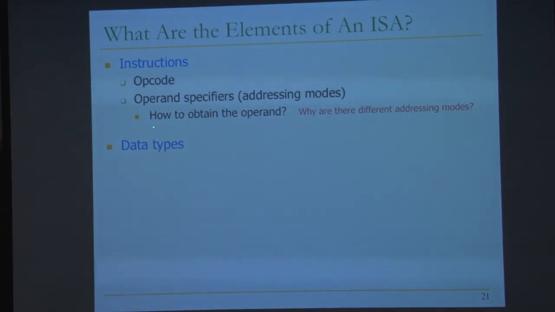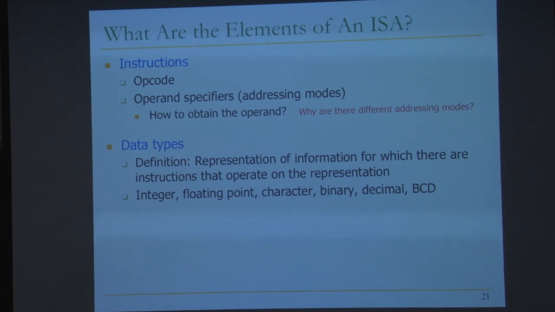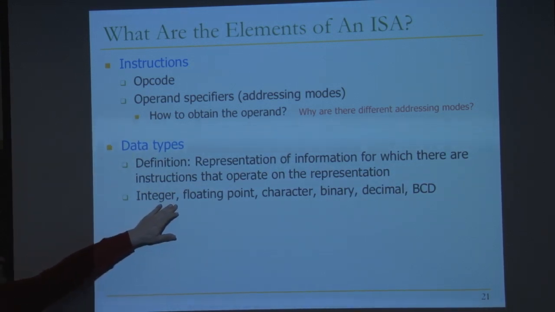Data types, let me cover data types first. You probably covered this in 213, but a data type is a representation of information for which there are operate instructions that operate on that representation. For example, integer, floating point, character, binary, decimal, or binary coded decimal. These are all different data types.